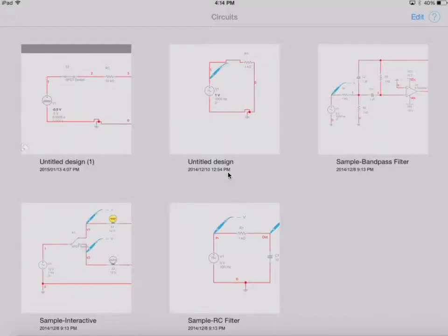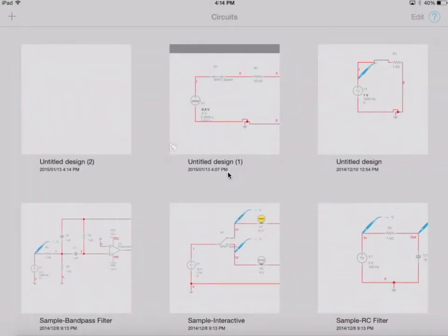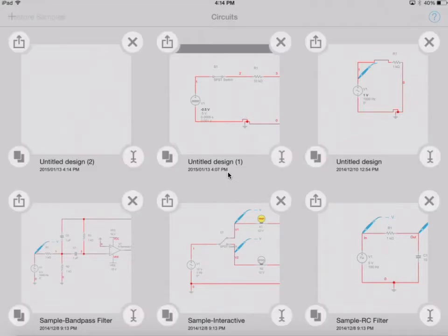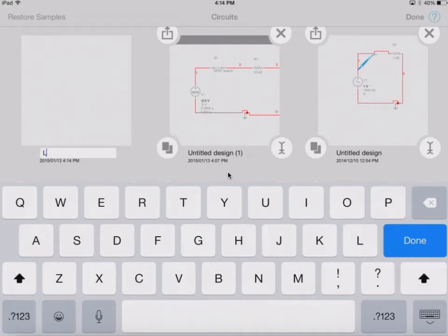Okay, I'm going to start up a new circuit here, and I think that we can call this circuit edit. So we're going to call this circuit our LR circuit.